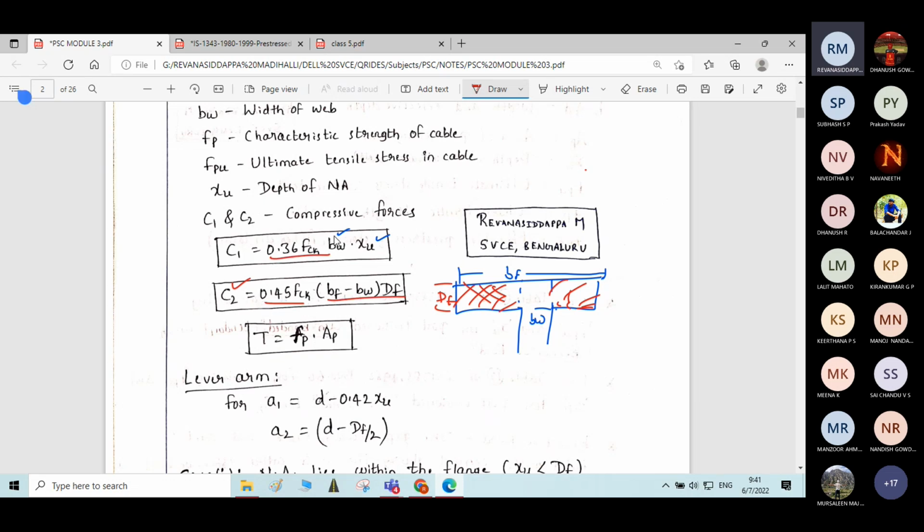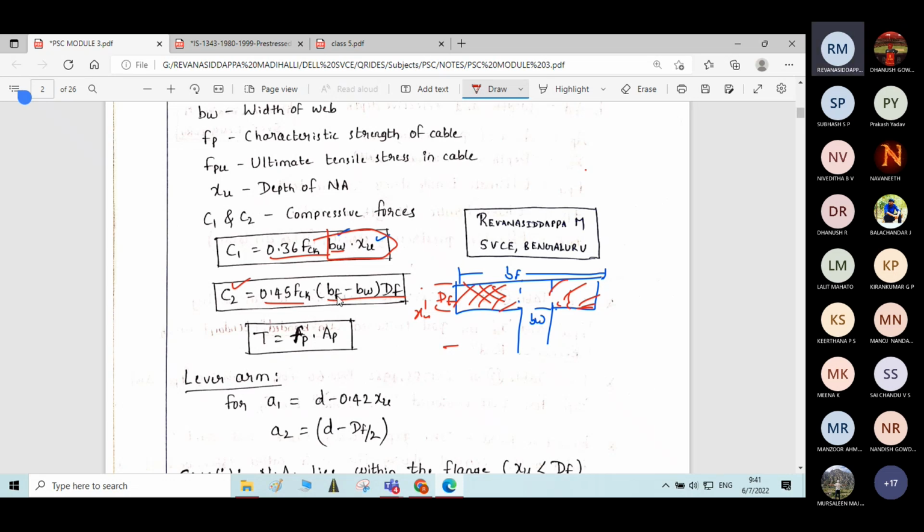Similarly here, stress multiplied by area of web portion BW into XU will give compressive force. See, when the depth of neutral axis lies within the web, we will consider width of the web and depth of neutral axis.